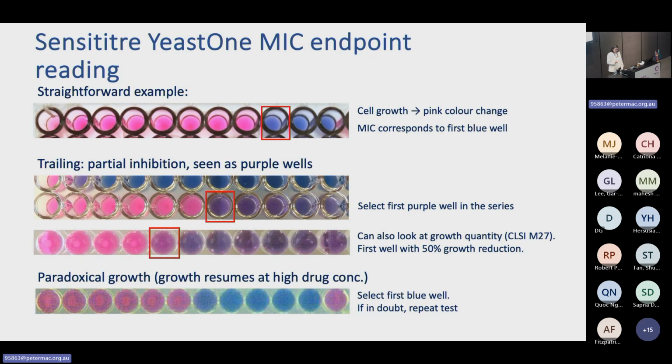Or it could be that the fungus is developing some tolerance, but that's not the same as resistance. In this example, it can be easily resolved because we've got a nice run of 5 blue wells there. So we would just select the first blue well in that series. But if there's any doubt, then the test should be repeated.